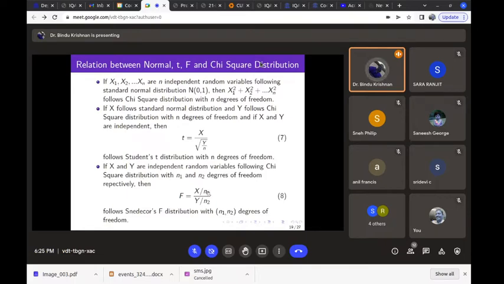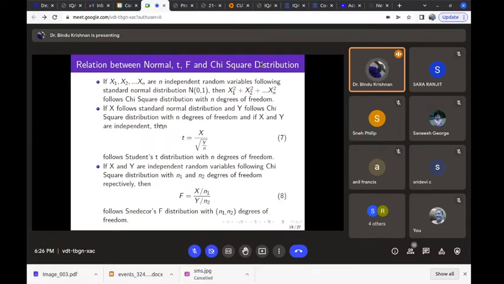And one more thing, next one, F. What is the relation between F and normal? Straight away there is no relation, but chi-square comes from normal. So F is simply the ratio of chi-square distributions. If x and y are independent chi-square random variables, then x by n1 divided by y by n2, where here also I am using the degrees of freedom.